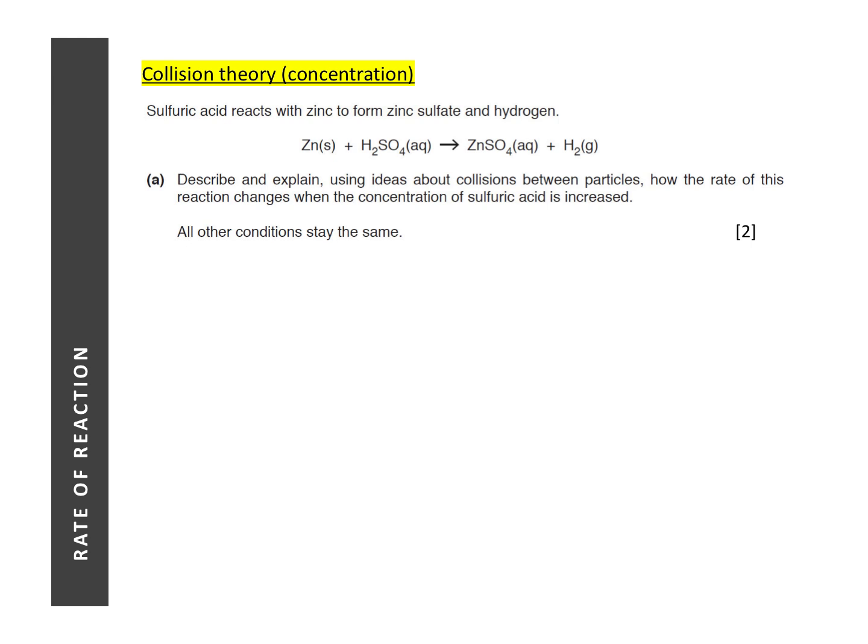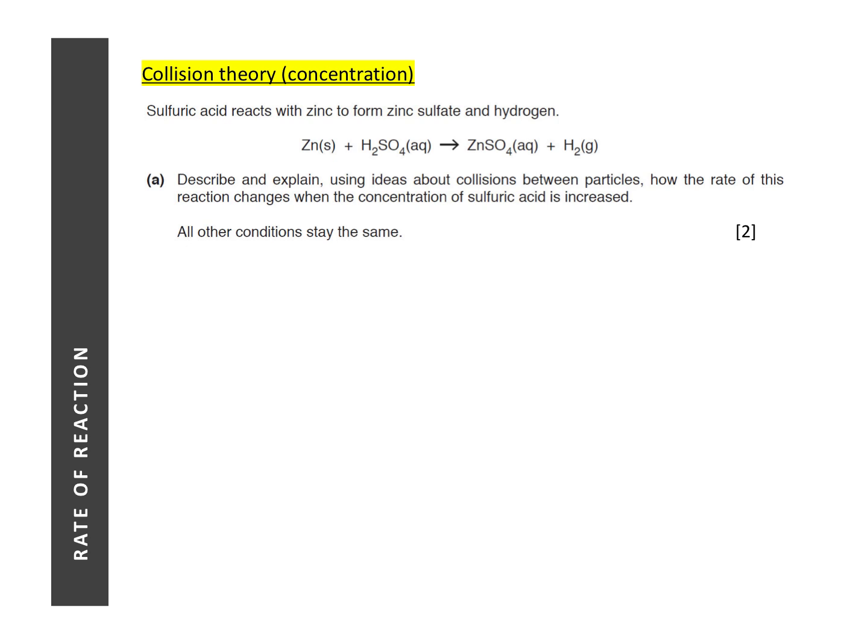And the second thing is that the particles must not only collide, they must collide with sufficient energy, with energy greater than or equal to the activation energy, before a reaction can occur. When two particles collide with energy greater than or equal to activation energy, then we say that that is an effective collision.